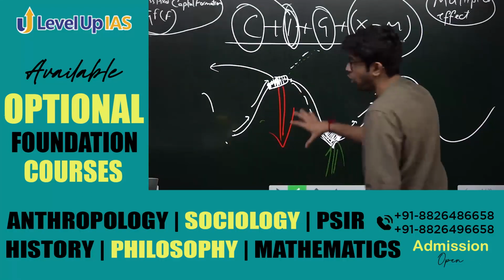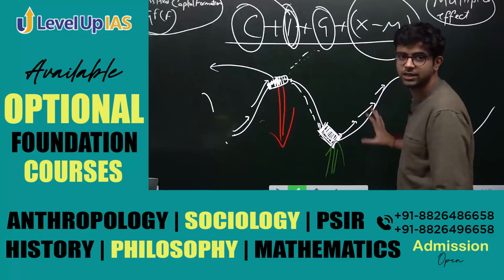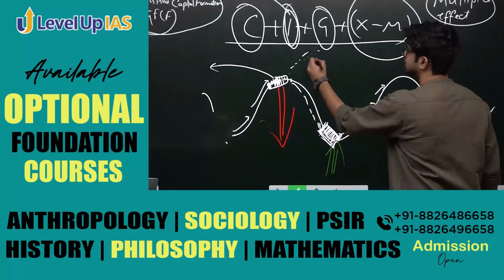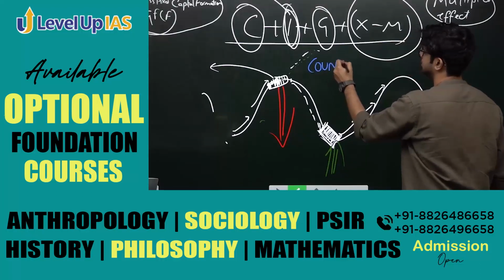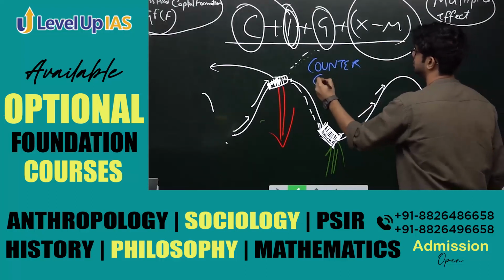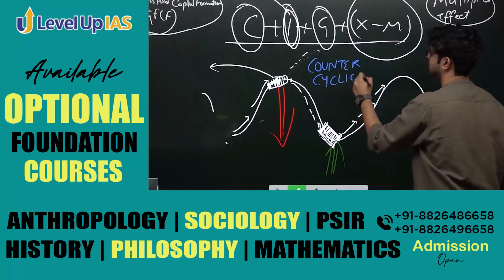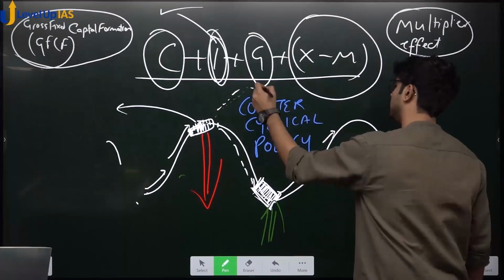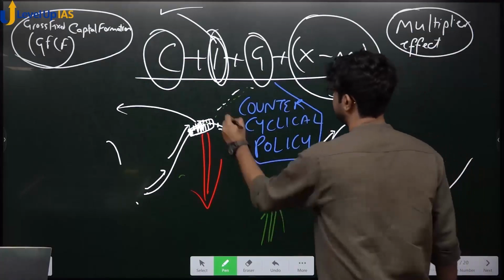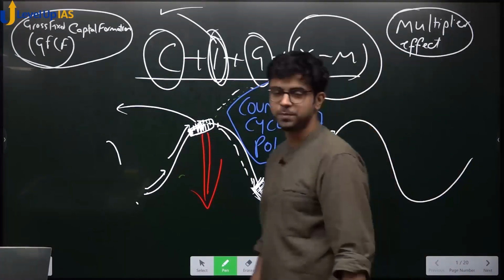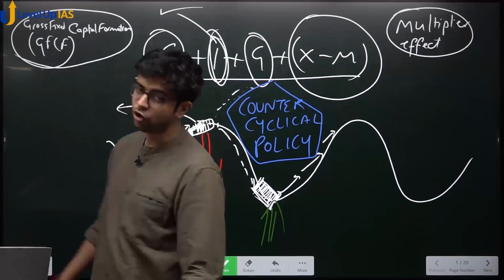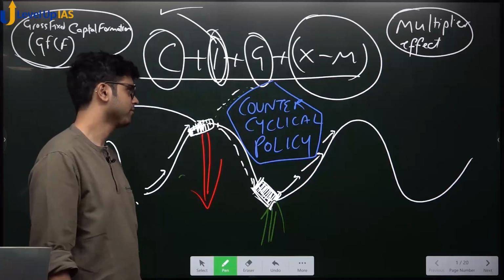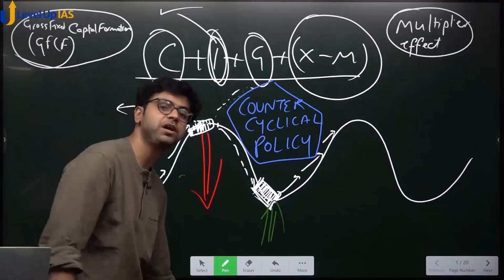This policy of going opposite to the cycle, this policy of going opposite to the wave, is known as counter-cyclical policy. This word is there in almost all business newspapers, in editorials, in the economic survey. This is a counter-cyclical policy.